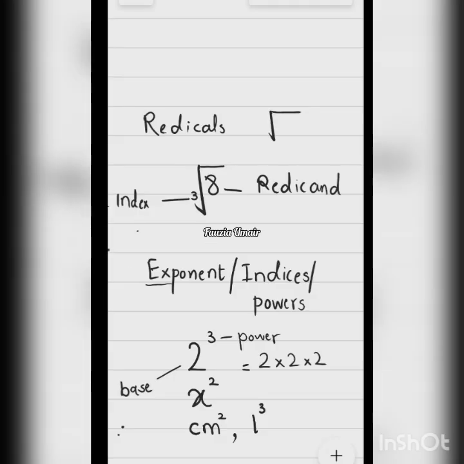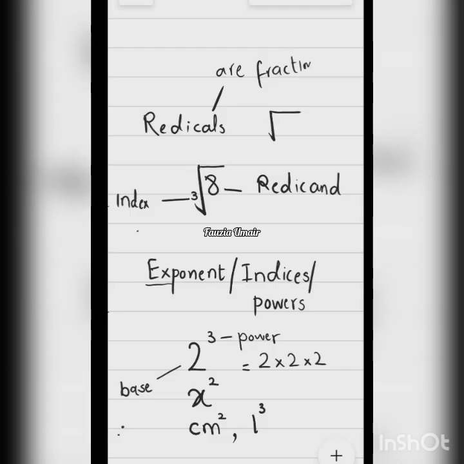If I know a radical form, I can change that into an exponent form. And if I know an exponent form, I can change it into a radical form. So it means that this radical can also be written in the form of power. So you need to remember this, that radicals are fractional powers.